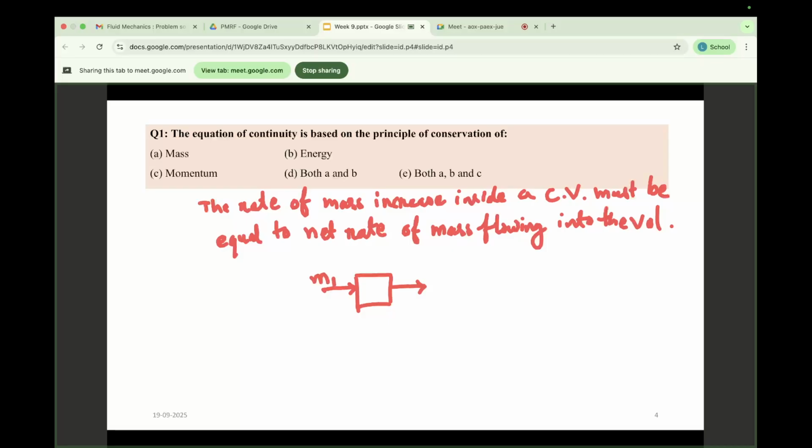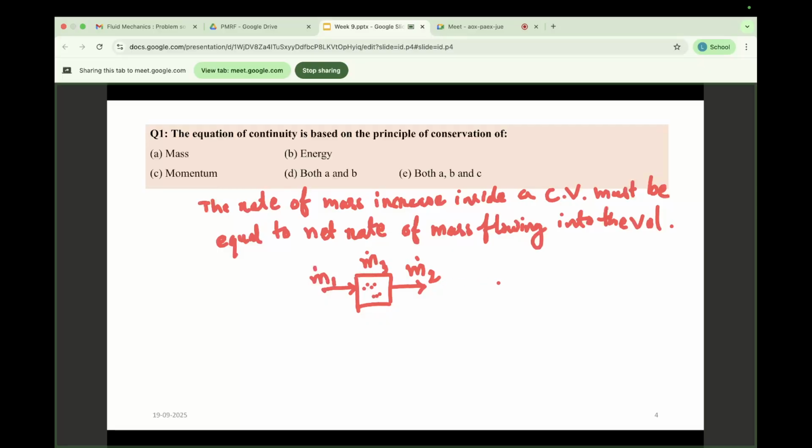say if m1 mass is coming into the system and m2 mass is flowing out of the system, and these two are not the same. So in certain cases, if these two are not the same, that means something is there in between which is stored.